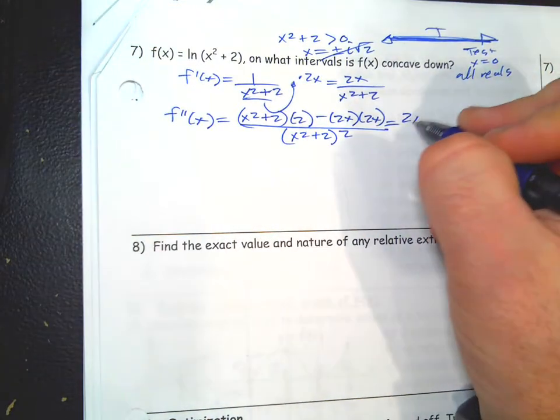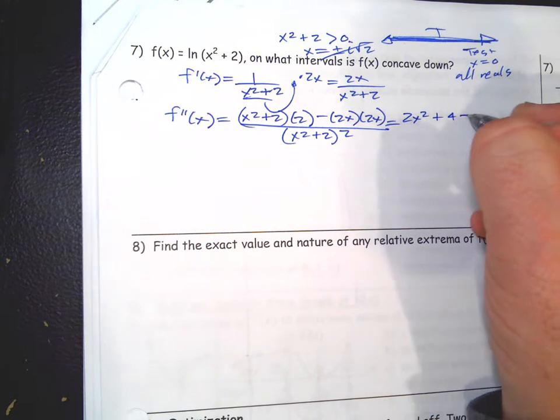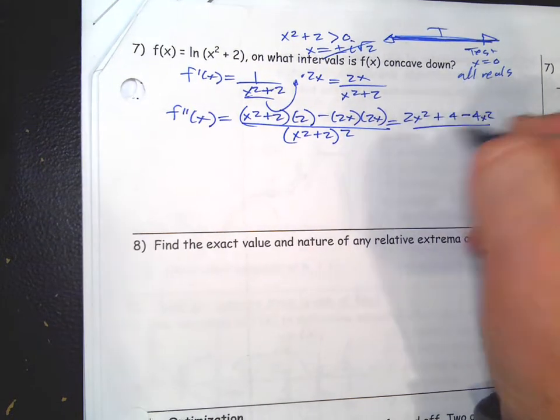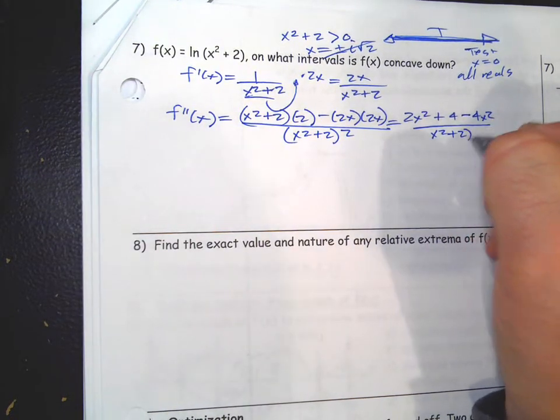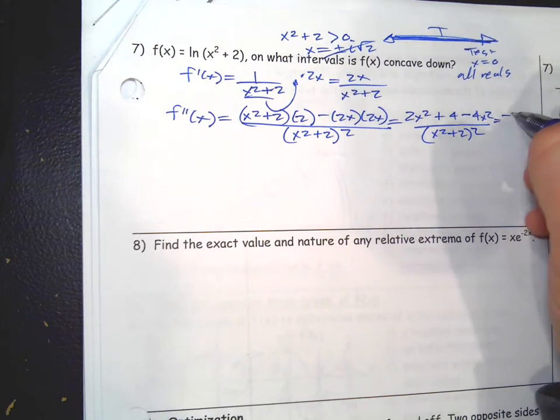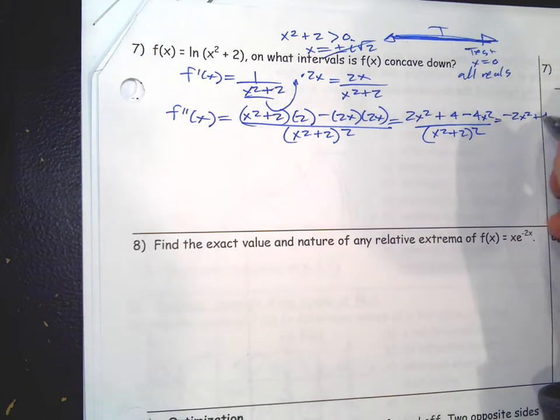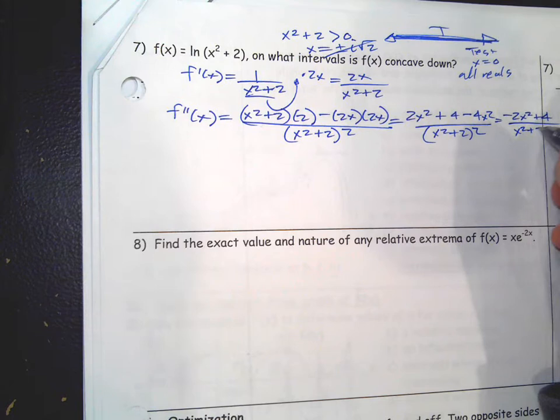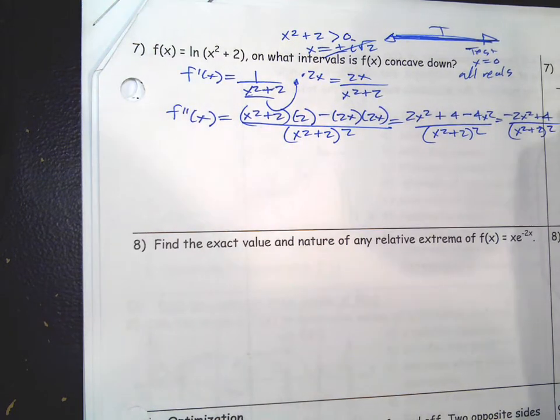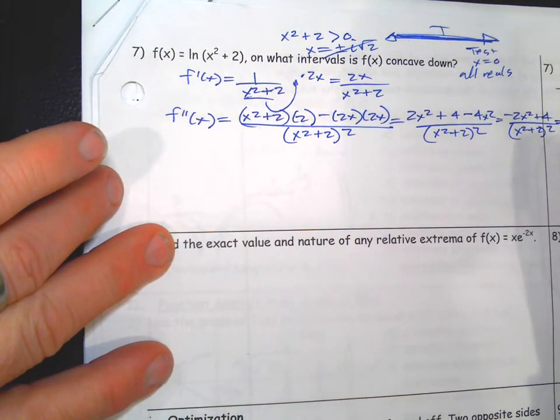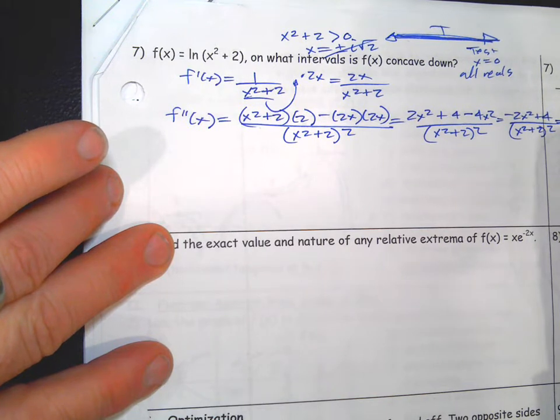So it's 2x squared plus 4 minus 4x squared, which is negative 2x squared plus 4 over x squared plus 2 squared, which is negative 2x squared minus 2 over x squared plus 2 squared.